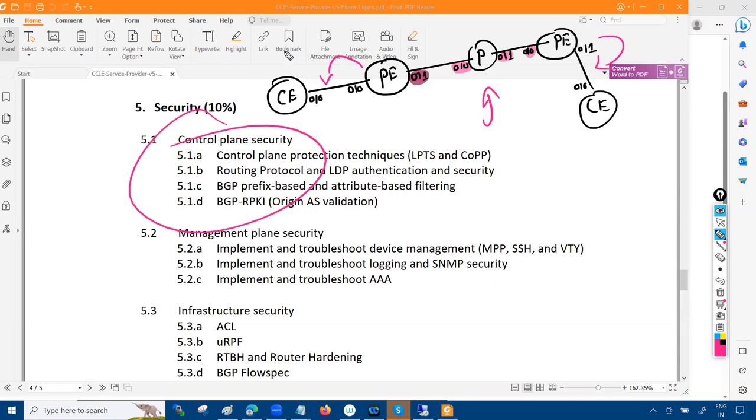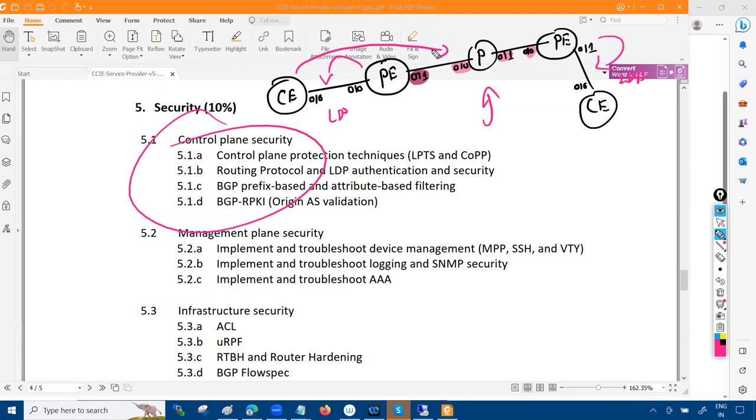Take an example: if I allow the customer to run MPLS with the LDP protocol, don't you think it can make an attack on the core network if they have the LDP information? It can do an LDP attack, an LDP DoS attack, a DDoS attack.